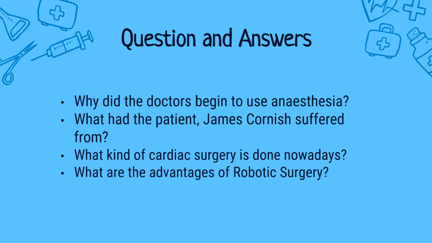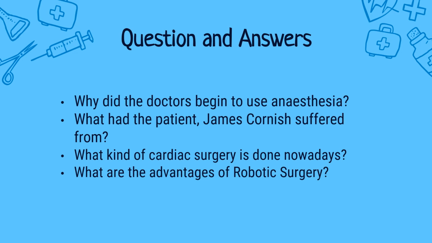Then what had the patient James Cornish suffered from? James Cornish suffered from a very serious knife wound. The knife had cut an artery less than an inch from his heart and punctured the pericardium, which is the sac around the heart.